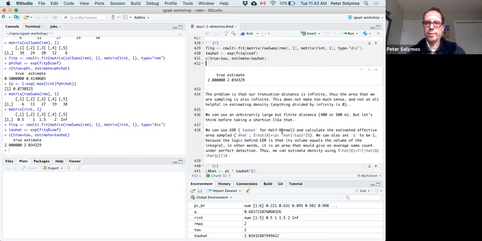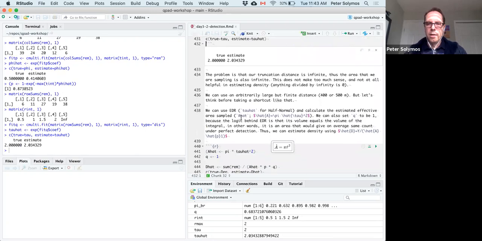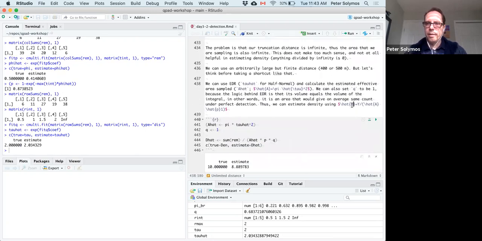So this really helps in estimating things. And now, instead of having a known area, what we have is an estimate of the effective area sampled, which is A hat equals pi times tau hat squared.